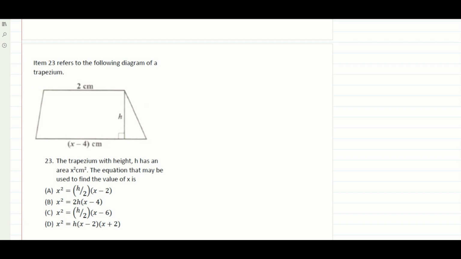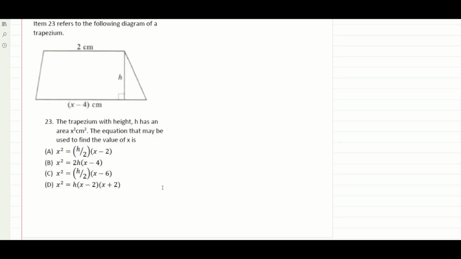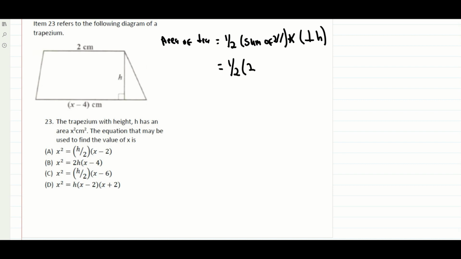The equation that may be used to find the value of x is, so first off, we know that the area of a trapezium, and if you don't know the formula, guys, it is in the formula sheet that is given in an exam room, is equal to half the sum of the two parallel sides, multiplied by, I believe it is the perpendicular height, which is a half of 2 by plus x minus 4 multiplied by h.